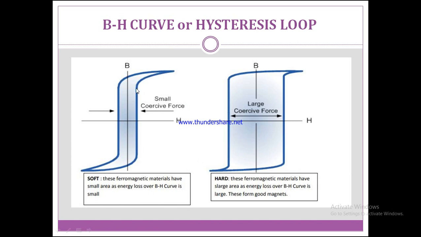Those ferromagnetic materials having a small area as energy loss over the BH curve are called soft magnetic materials.